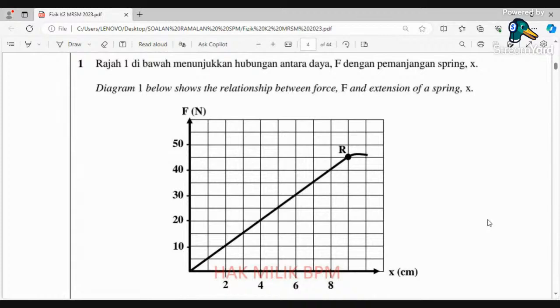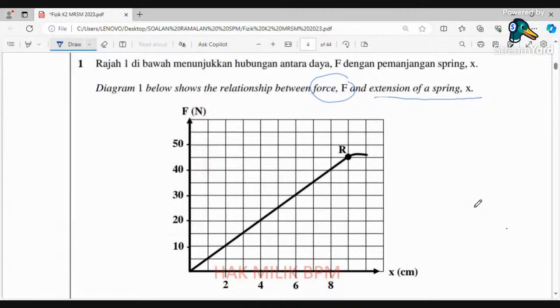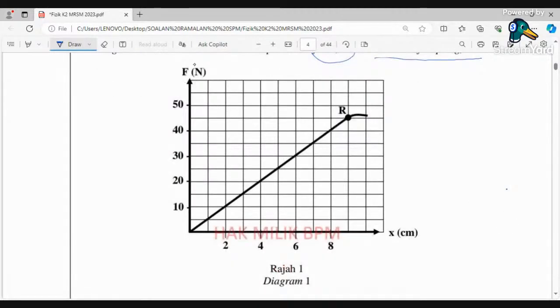Diagram 1 below shows the relationship between force F and extension of the spring X. So this is the graph of F against X. This one is about Hooke's law.